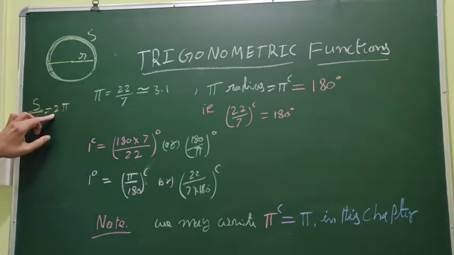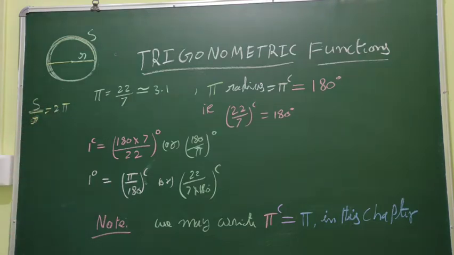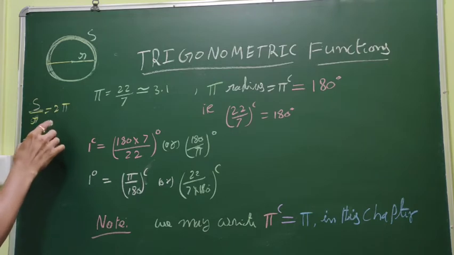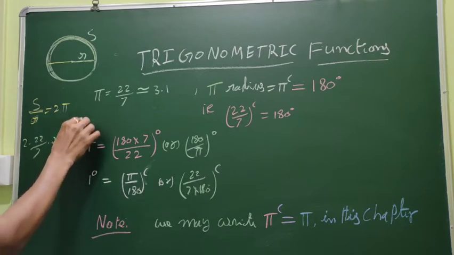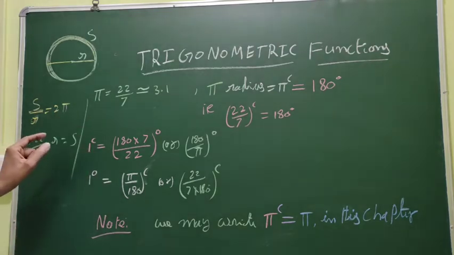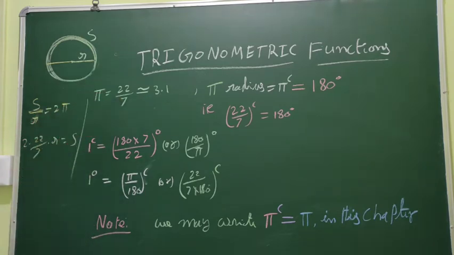So 2 times 22 by 7 is the ratio. That means 2 into 22 by 7 into radius is equal to the circumference. By taking different circles, we decide this. So 22 by 7 is a fixed number.